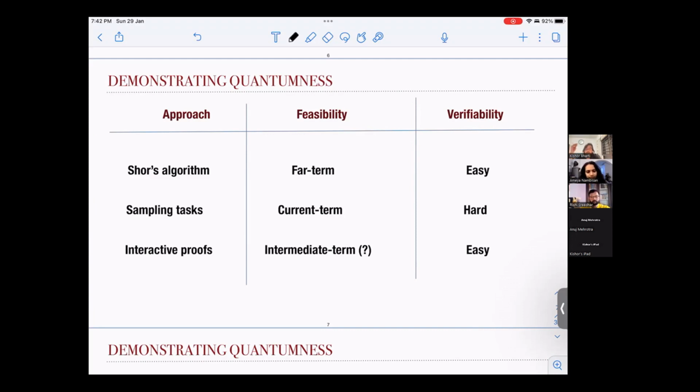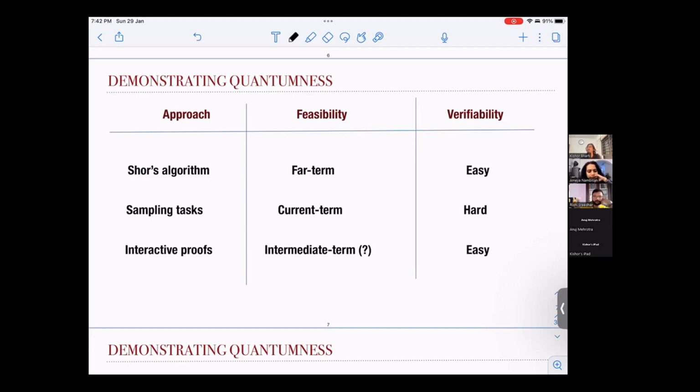And the third one is the interactive proofs, where you ask a question and you get an answer. In this interactive question-answer setup, you try to test the quantumness.